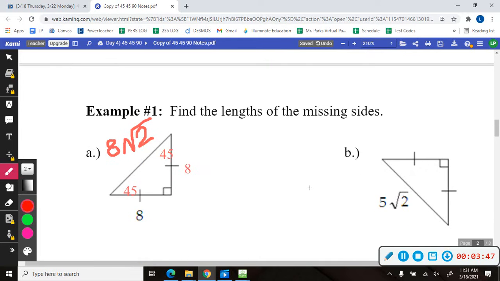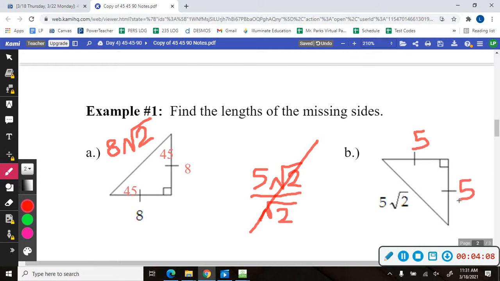So I'm going to take 5 square root of 2 divided by square root of 2. Square root of 2's cancel. So I'm left with 5. So this has to be 5. And so this has to be 5 too.